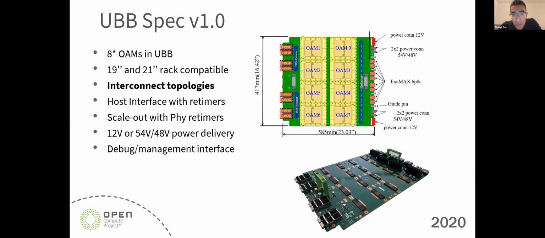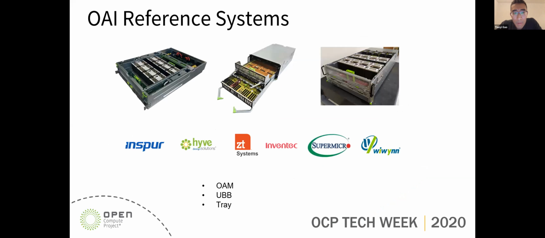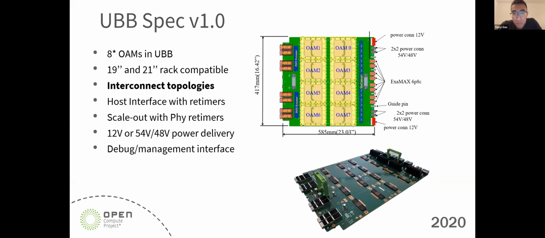Also on the electrical part, we defined the communication such as host interface retimers and QDD-based scale-out design with 35 retimers. And also the system management, such as the I2C topology interface and so on, are also included in this spec 1.0.